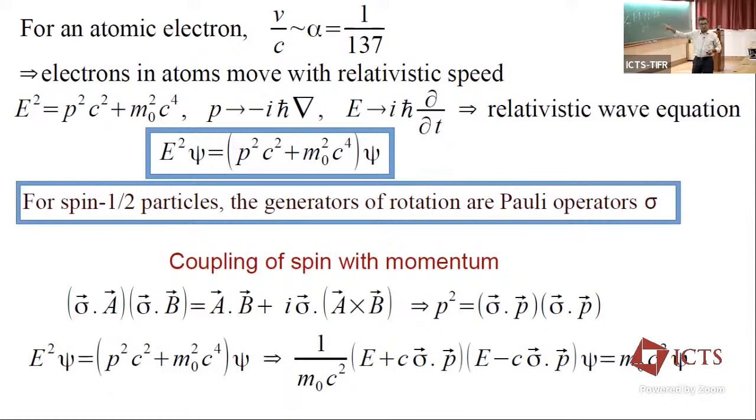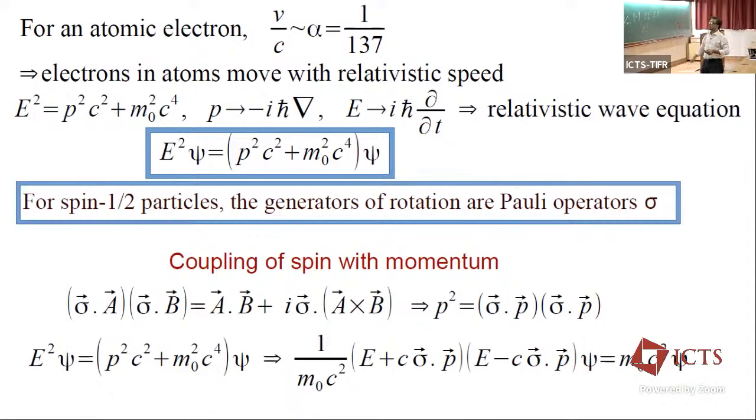Can we switch from this picture to the photon? It can be done, but then it is a vector field photon. Since this is a vector field, spin will have value 1, not half. I will come to that.